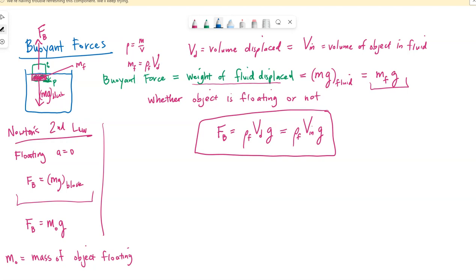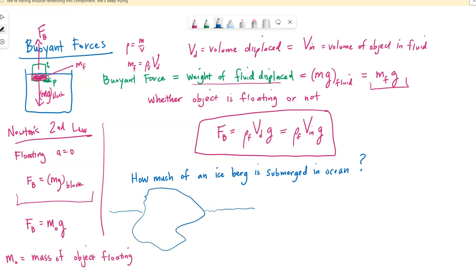So for example, if we think about icebergs, big, huge icebergs near the poles, how much of an iceberg is submerged in the ocean? So we have this ocean, we have this huge iceberg, really weird shape. Here's my iceberg.